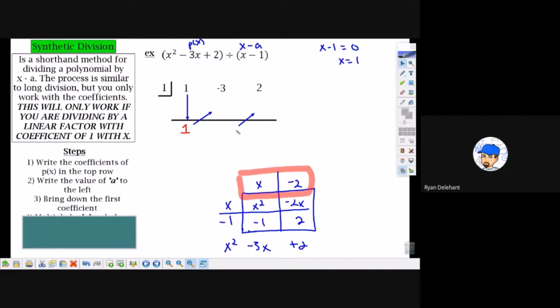Now what I need to do is work over and do this process. So the next step is going to be multiply this number that we just brought down by a. Your a is up here, and place the result over here. So 1 times 1 is 1. So this number comes from multiplying these two.